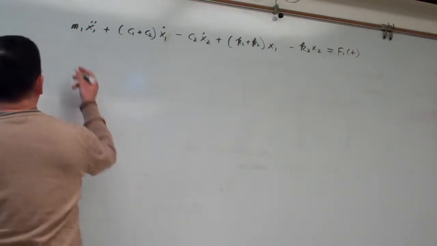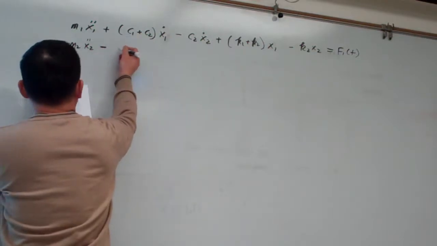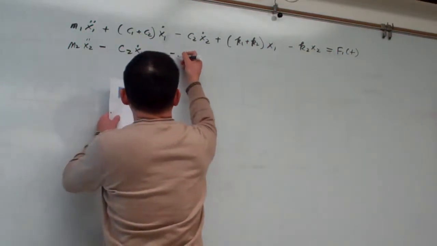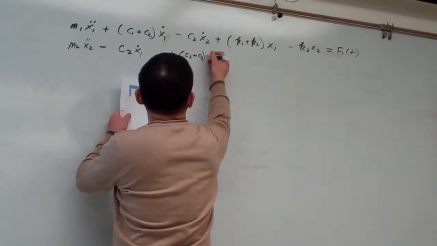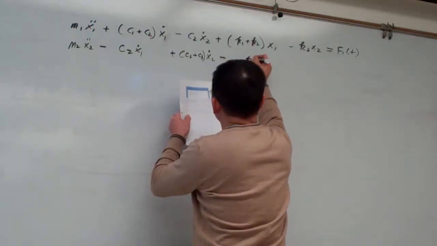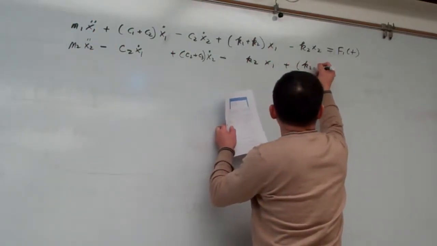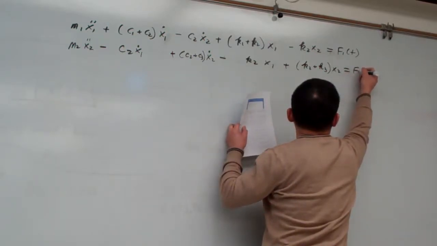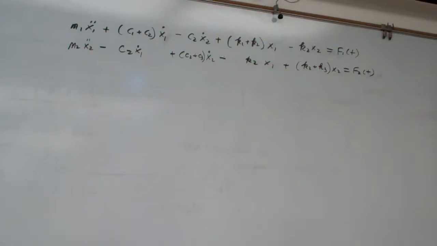Then the second equation is m2 x2 double dot minus c2 x1 dot plus (c2 plus c3) x2 dot minus k2 x1 plus (k2 plus k3) x2 equal to F2. Okay, so those are the 2 equations.